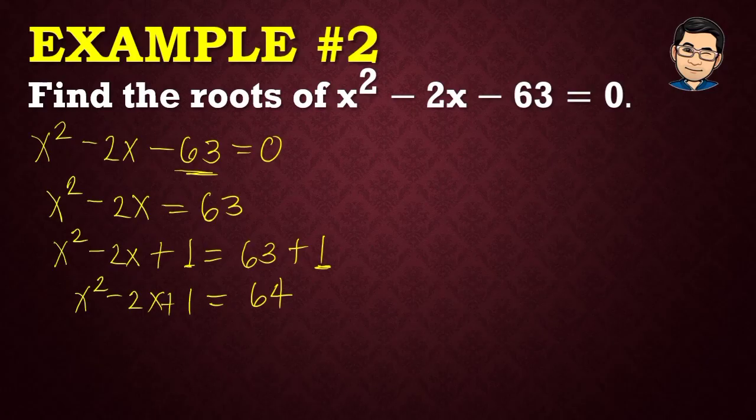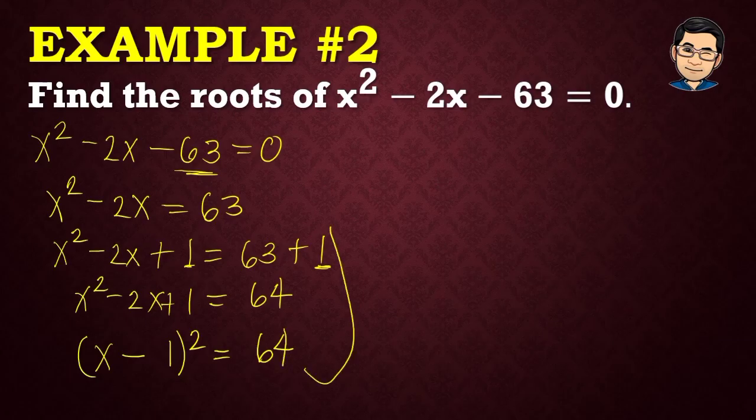Now, express natin na x squared minus 2x plus 1 in the form of a square binomial. Square root of x squared, x. Follow the sign of the middle term, minus square root of 1, 1. And then, square. And then, itong 64, iwan natin siya dito. 64, copy lang.